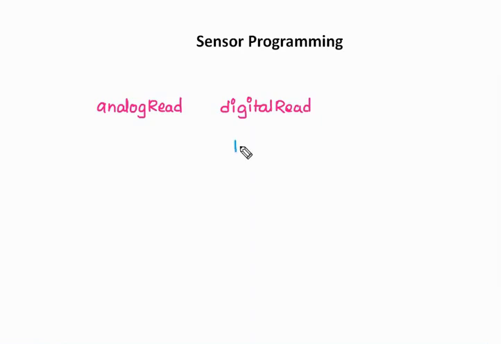When the sensors are giving us values high, low, or 1 and 0, which means only two values, such values are called digital values, and hence that time we use the digital read command and we call those sensors digital sensors. Whereas when we have more than two values, we call them analog values. And in that case we use the analog read command and the sensors are known as analog sensors.